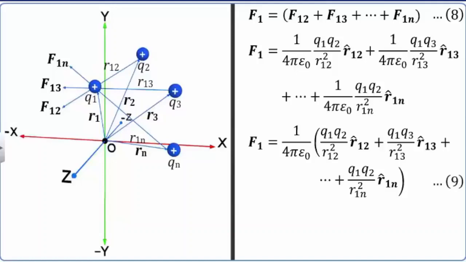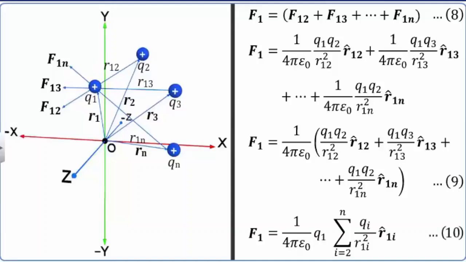Thus, the net electrostatic force on Q1, F1, is equal to 1 by 4 pi epsilon naught into Q1 into sigma i equal to 2 to n Qi by R1i square into R1i cap. Let this be equation 10.